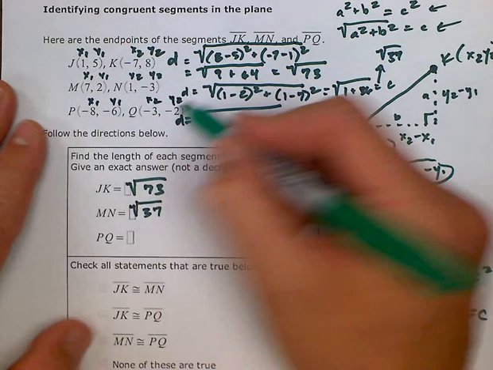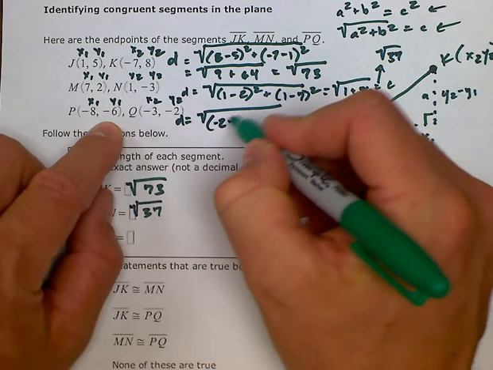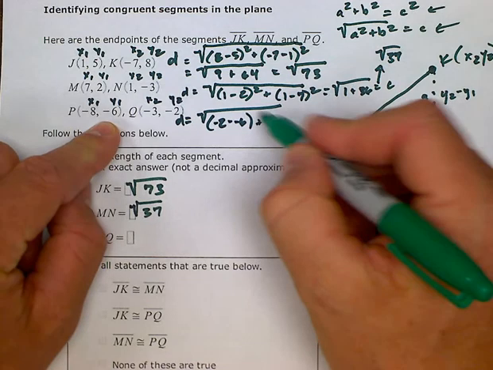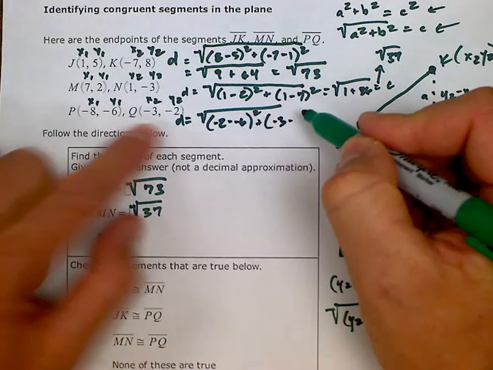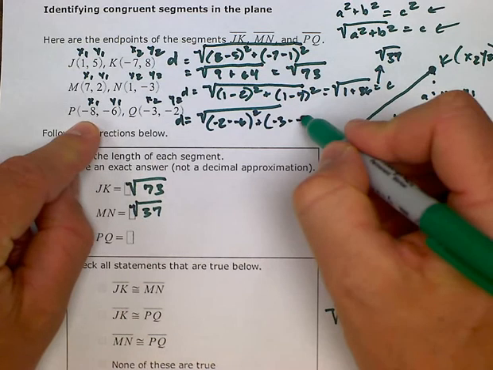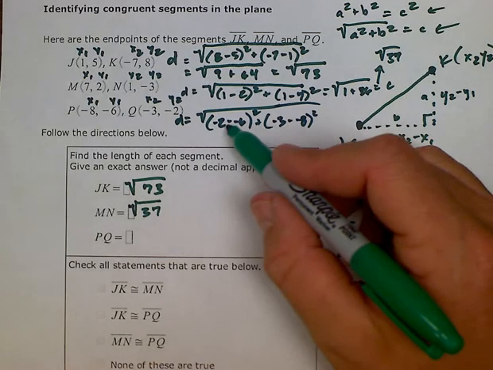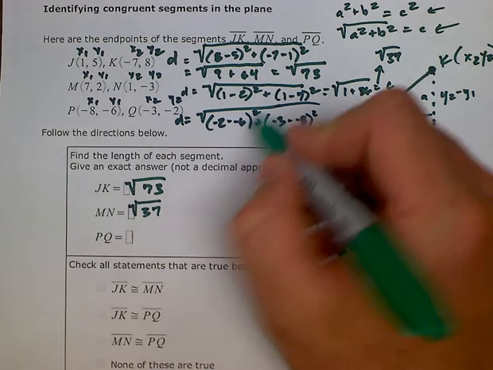Negative 2 would be my y2. Negative 2 minus negative 6, so a negative and a negative become a positive. That squared, plus x2, which is negative 3, minus x1, negative 8, all squared. So here inside we have negative 2 plus 6 is 4. 4 squared is 16.